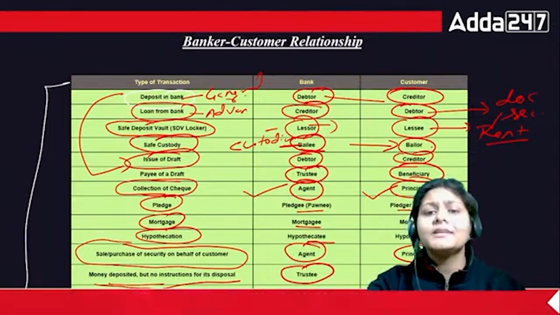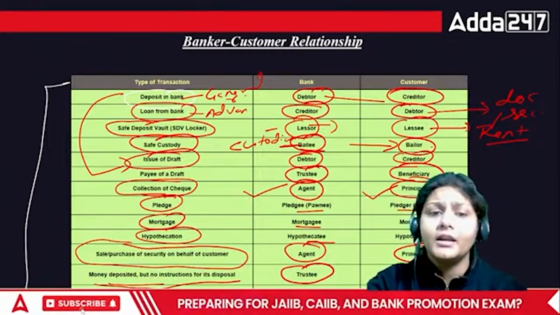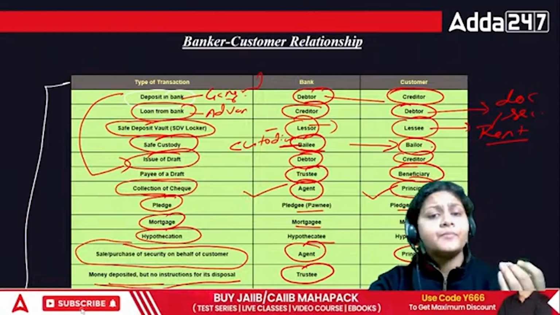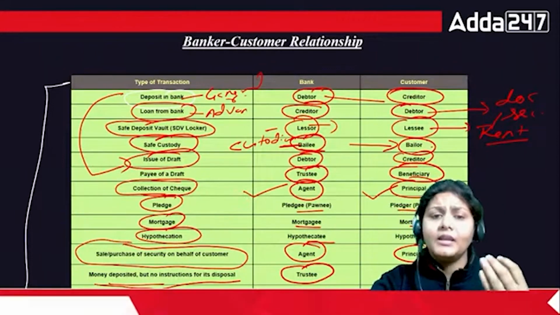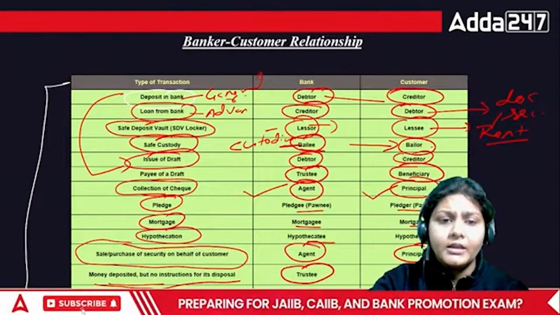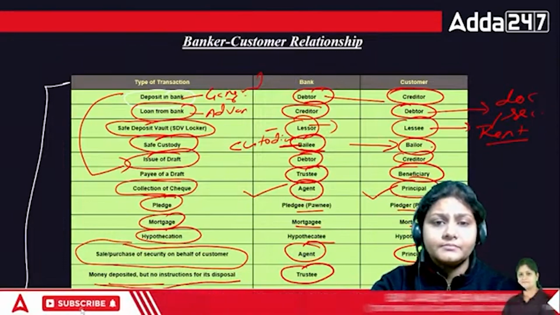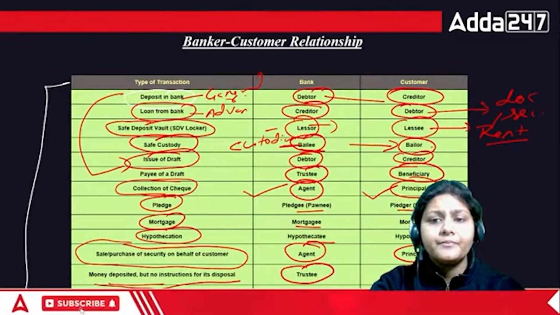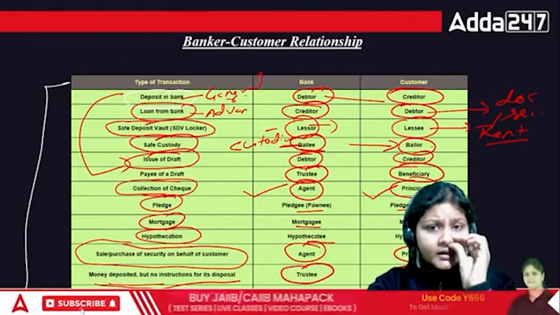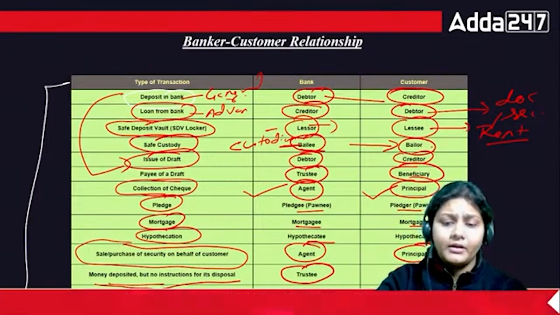But the bank is not liable if there is any damage or loss of contents due to natural calamities, that is earthquake, flood, lightning, or this type of act of God. Bank is not liable, please remember that. This is very important.